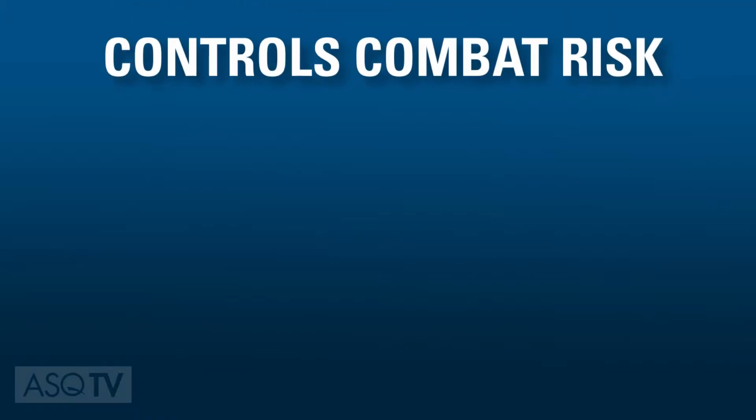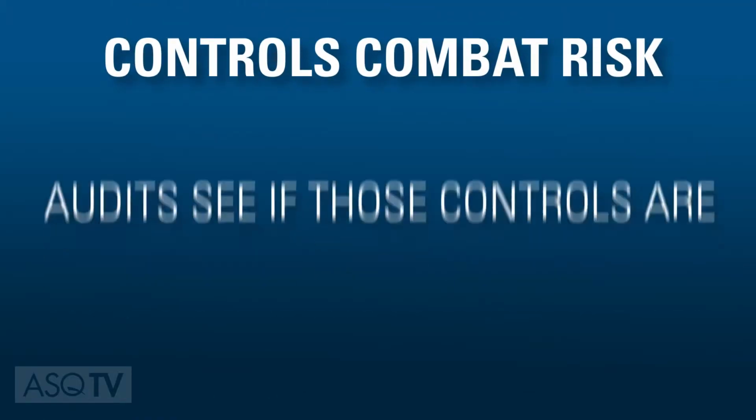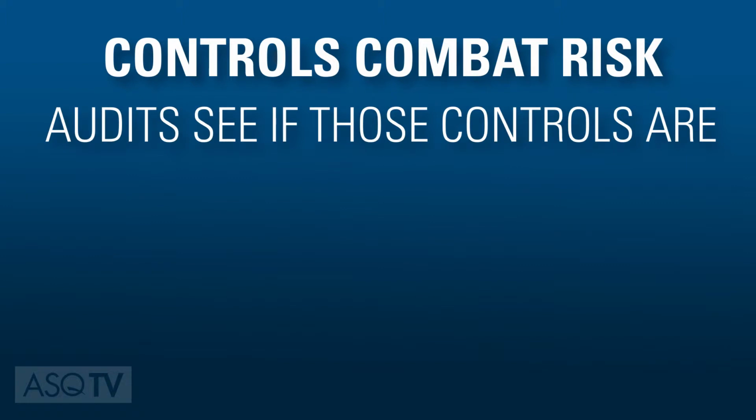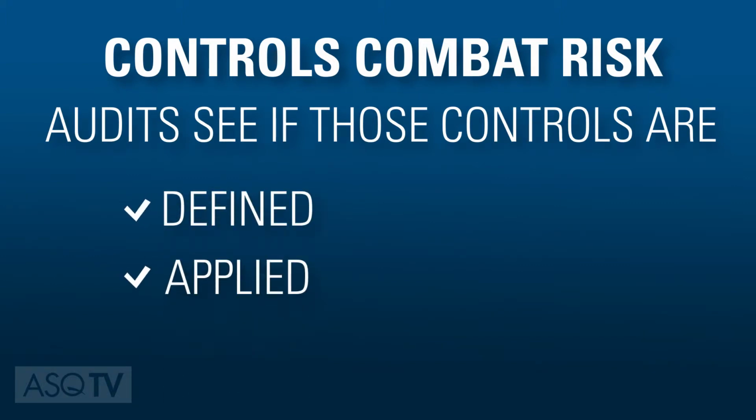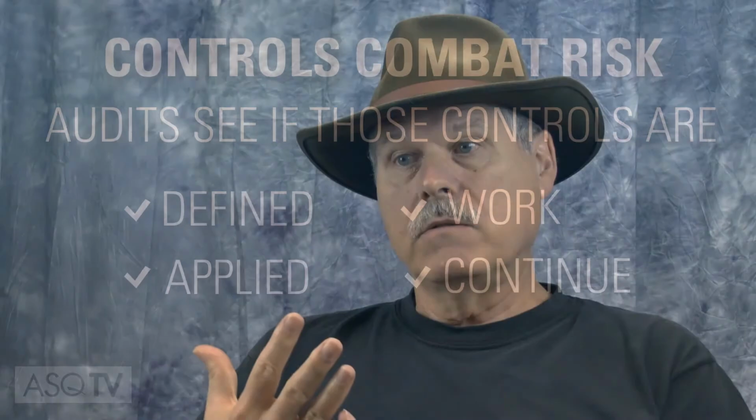So we have quality controls in the form of the standards, particularly ISO 9001. So controls combat risk, and audits see if those controls are defined, they're applied, they work, and they will continue.